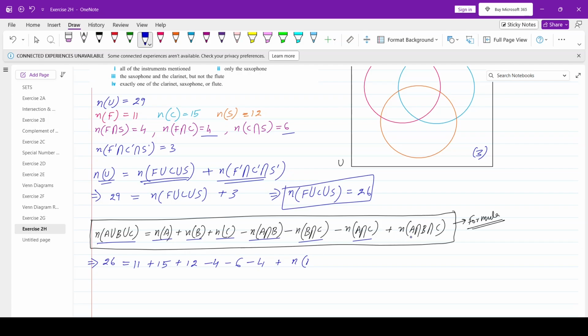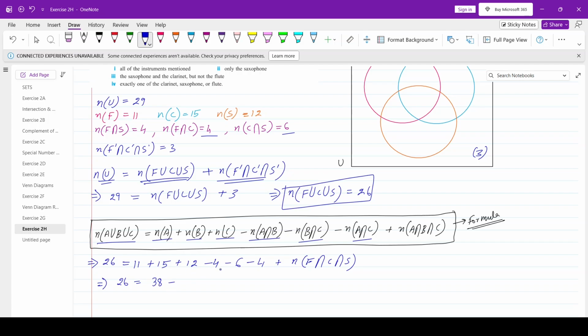Now here, this is just a formula, but in our case, A represents F, B represents C, and C represents S. So we can write F intersection C intersection S. If we calculate it, this is going to be 11 plus 15, 26, 26 plus 12, 38.